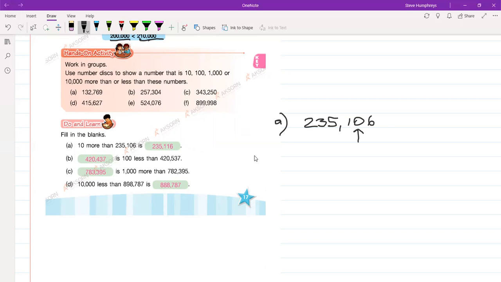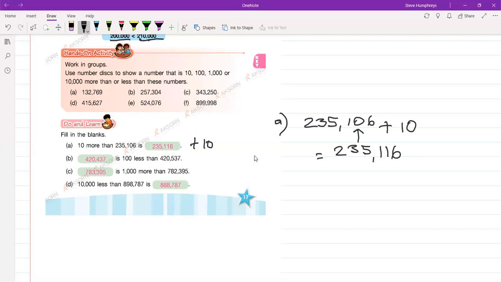You're going to add 10. So it would be 235,100. You add your 10 to the tens place. The answer will be 235,116. Okay, so there you add 10.